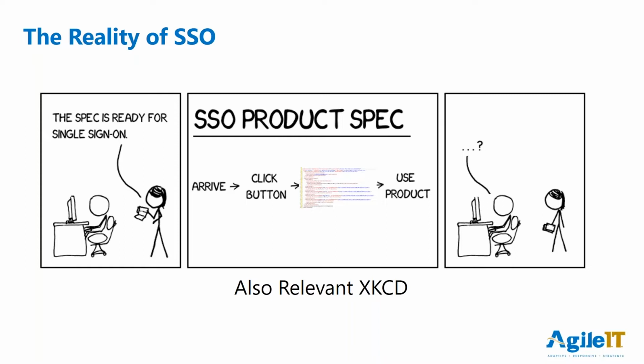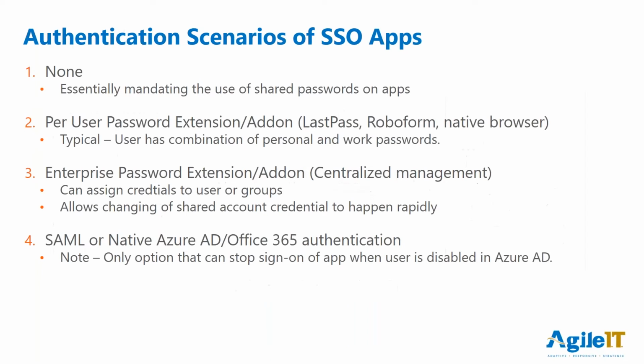I don't want to say it's double sign on because you don't have to type in a password, but having to add the email address does kind of break the single sign on goal that we want with every web app. So I'm going to talk a little bit about the authentication scenarios of SSO apps, some of the portal, kind of how we manage them, and also the provisioning.